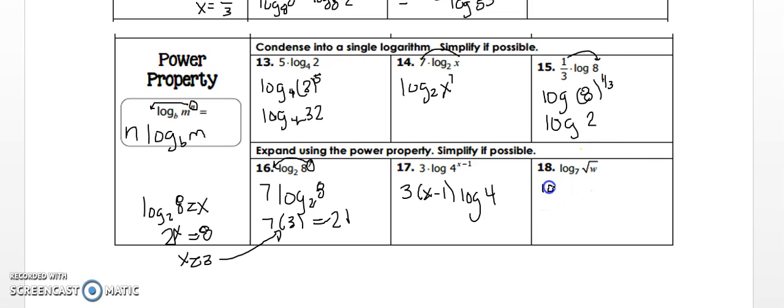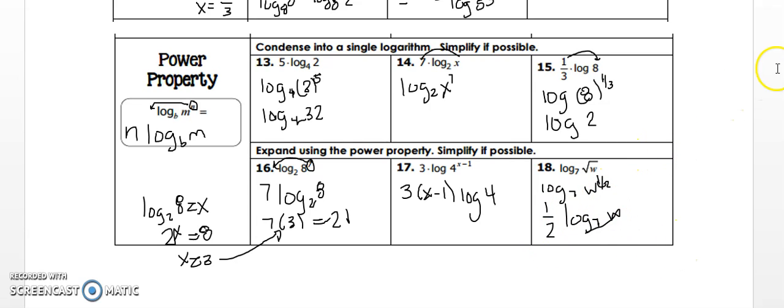So this actually becomes log base 7 of w to the 1/2. Well, we know how to deal with these exponents now, so that 1/2 is just going to move out front. So we get 1/2 times log base 7 of w. Oops, sorry about that. So that just moved out front.